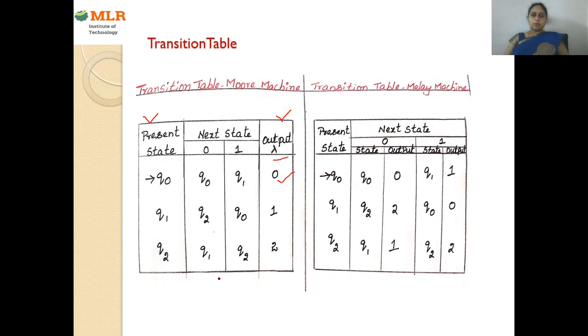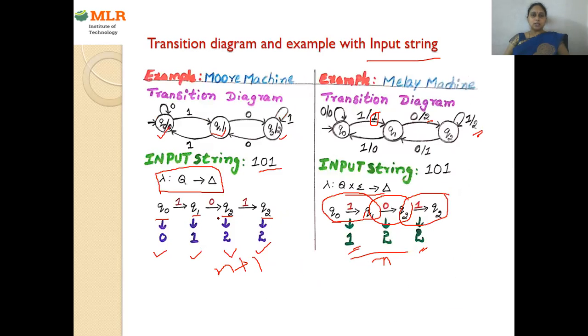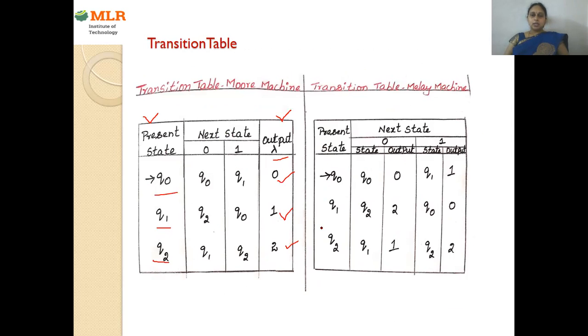And you know how to represent the transitions, but here you need to represent the output also for Q0, Q1 and Q2 based on this diagram we have represented. Q0 output is 0, Q1 output is 1 and Q2 output is 2. Now here for each state we are going to have the output.